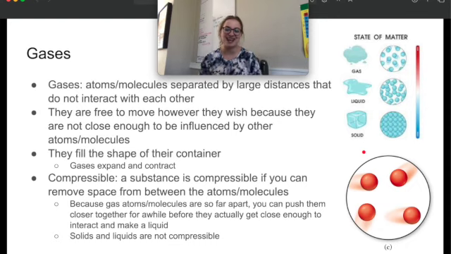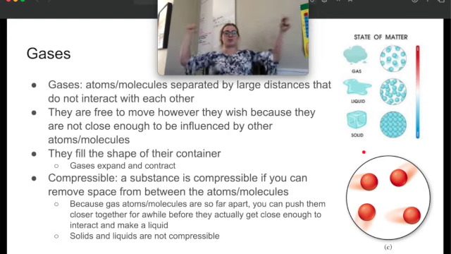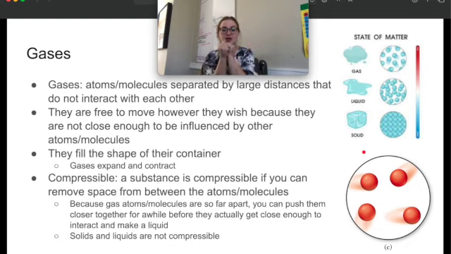Because gas atoms and molecules are so far apart, you can push them together for a while before they actually become close enough to start interacting with each other. So if I've got this much space, I can push them in and they're still not interacting, push them in, they're still not interacting until I finally get them so tight under pressure that they become a liquid. Remember that this is due to the fact that there is a large amount of space between gas molecules.